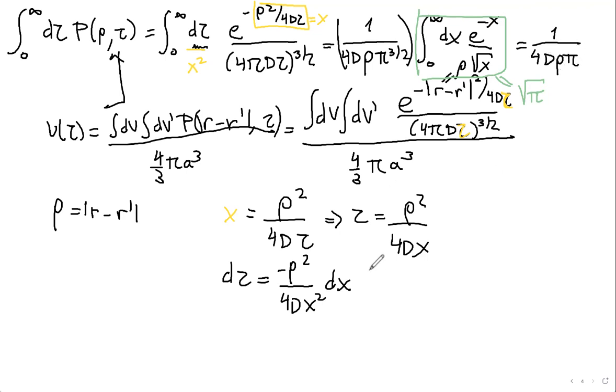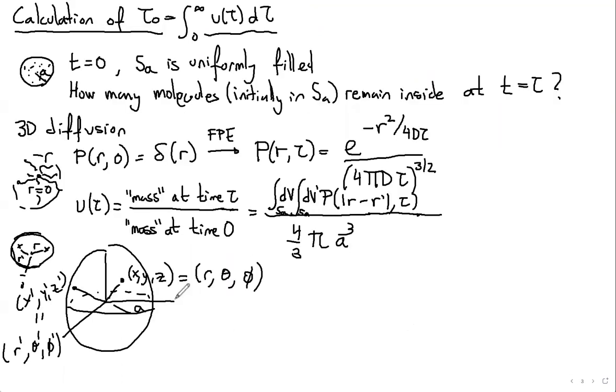Okay. With this, we calculated the integral of this over tau, and now there will be the rho, and we need to do the integrals over the volumes. So what we get is that tau 0 equals, okay, I come back, tau 0 was the integral over tau. Okay, this is what you want to calculate.